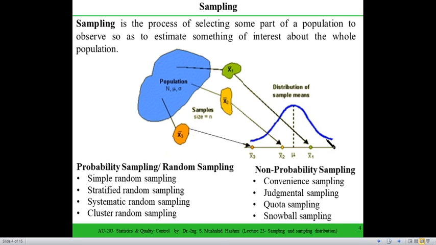And sometimes we select a few people as a sample, and then we ask these people to select more people for the study of the population. This type of sampling is called snowball sampling.